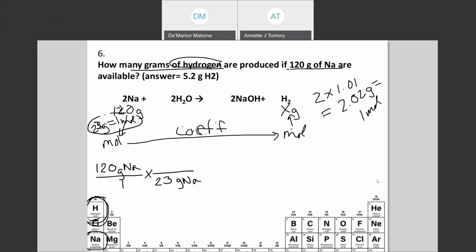Now is grams per what? What do I put on the other side of that line? Mole. So 1 mole of Na would be on top. The grams of Na will cancel out. We are now here in our plan in the lower left-hand corner. We're trying to get from moles of sodium over to moles of hydrogen. What do we use to do that?